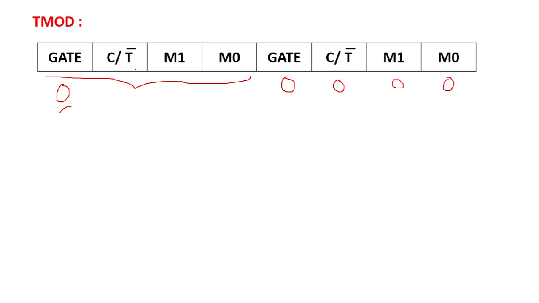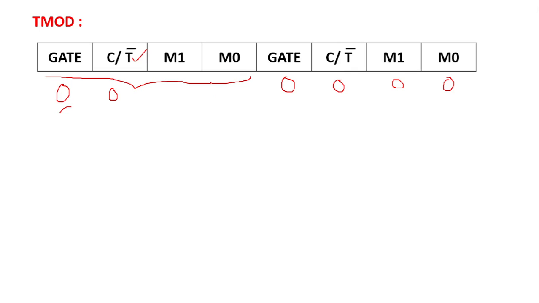C/T bar is to be used when you want to use the timer either as a timer or as a counter. As I am not using the timer as a counter, I will put it as 0, because when 0 is put, the timer acts as a timer. If I had put 1 here, it would have been in counter mode. So I have put 0 so that it works as a timer and generates the baud rate for serial communication.